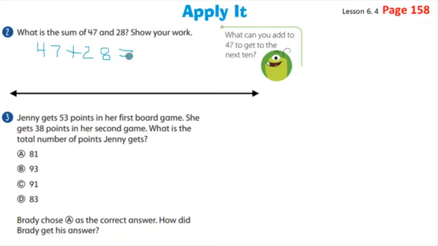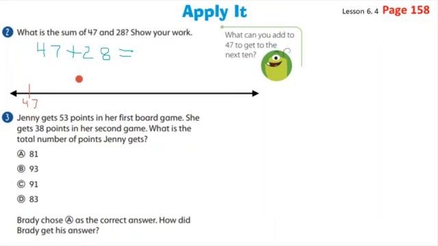That equals a sum. Well, let's go over here, and we're going to start off our number line at 47. That's our starting point. Now, we can make a 10, so to speak. What would it take to make this 47 into 50?